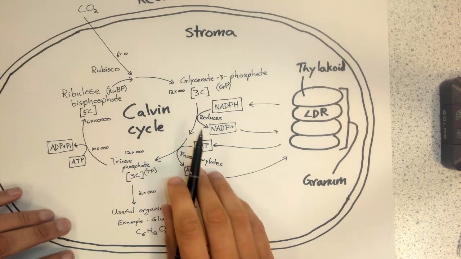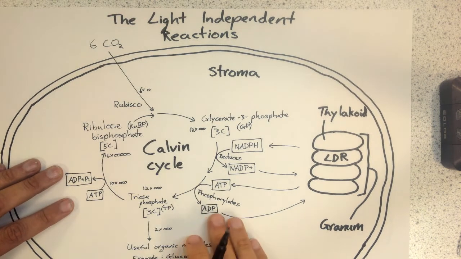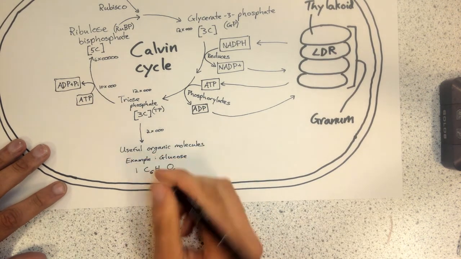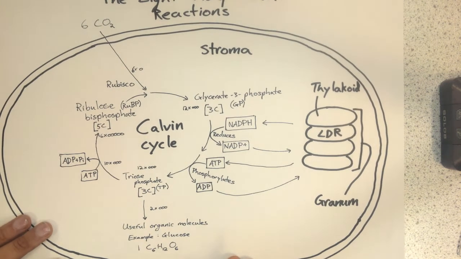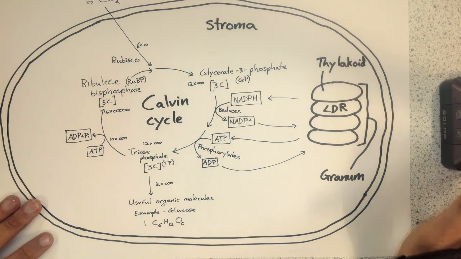This is how we get the 6 carbon dioxides that are needed for photosynthesis in order to make 1 glucose molecule. I hope this has been helpful. Feel free to rewatch it again if you struggle to understand anything.